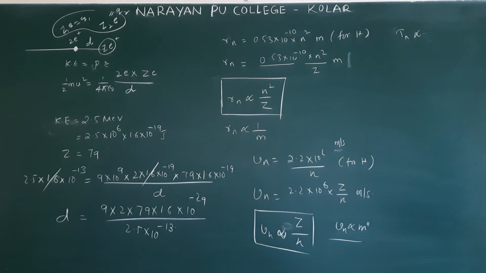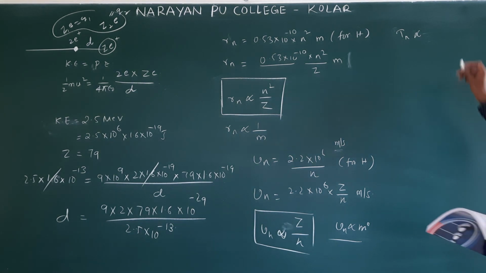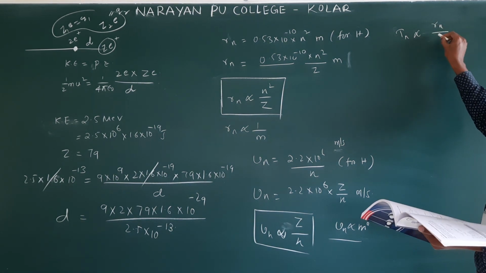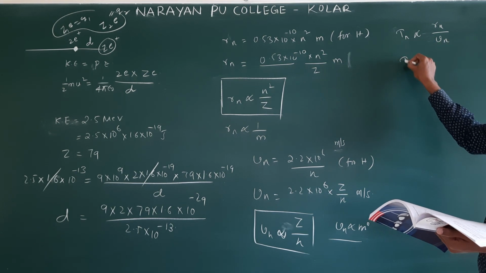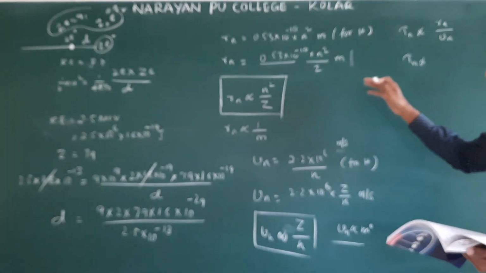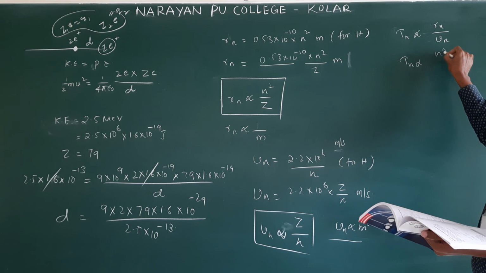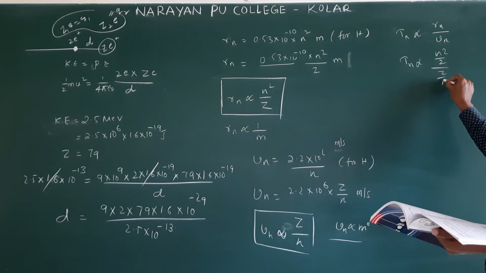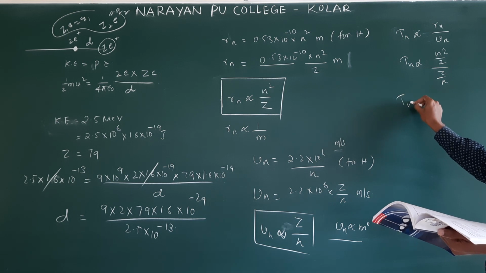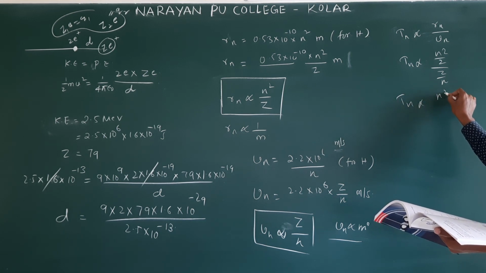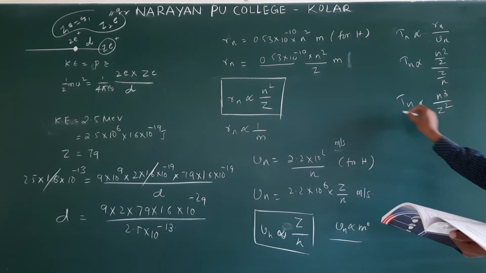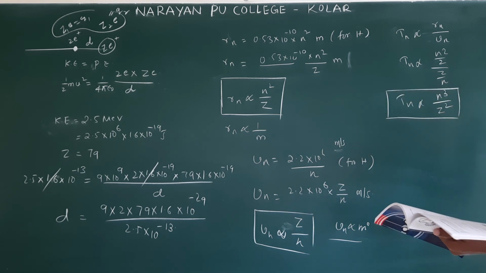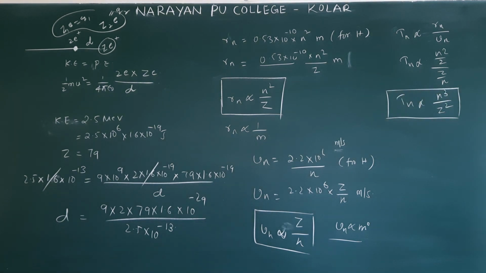How do you write it? Velocity is equal to distance by time. So the time is Rn by Vn. So Tn is directly proportional to Rn, which we have already done: n square by Z. And Vn is Z by n. So Tn is directly proportional to n cube by Z square. This is an important relation.